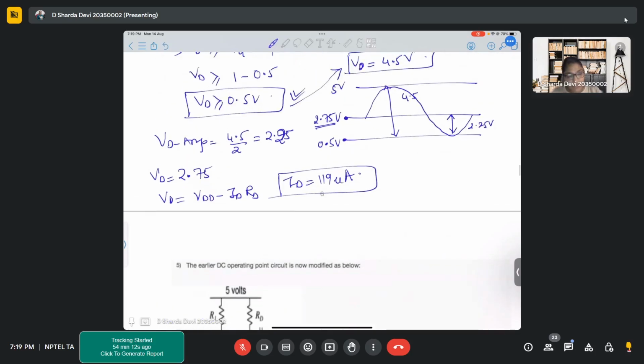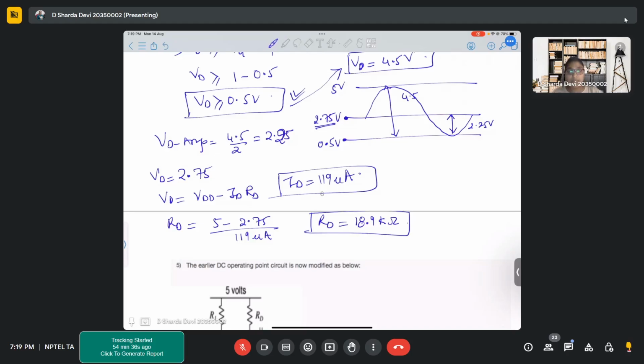Now we know ID, VDD and VD, so we simply find RD. RD is 5 minus 2.75 by 119 microamps. So what is the value of RD that we are getting? It is 18.9 kilo ohms, right?